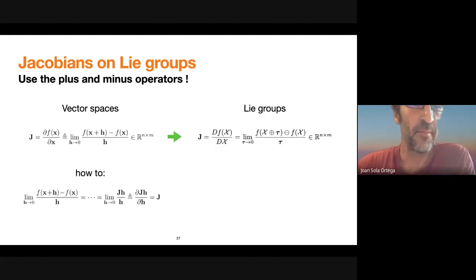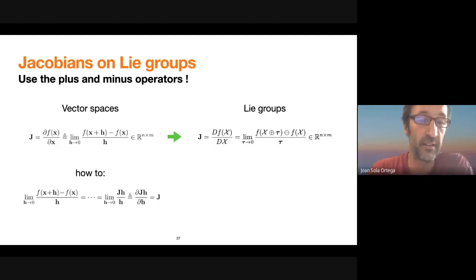So how do we compute in vector spaces these derivatives? We write the expression f of x plus h minus f of x on the numerator. We manipulate it until we get some linear form, J h, and then because it's divided by h, by identification, we identify the Jacobian J. I say this because you can actually not divide by h.